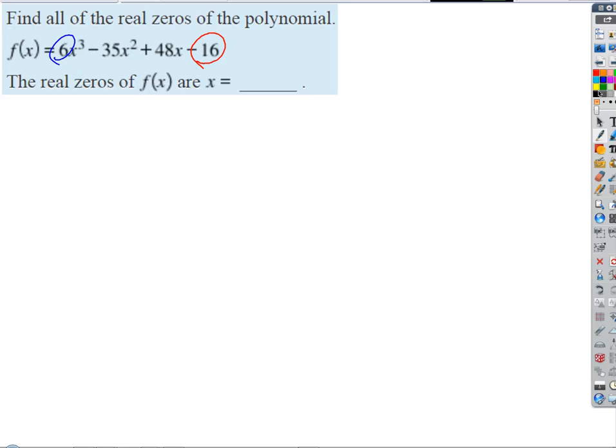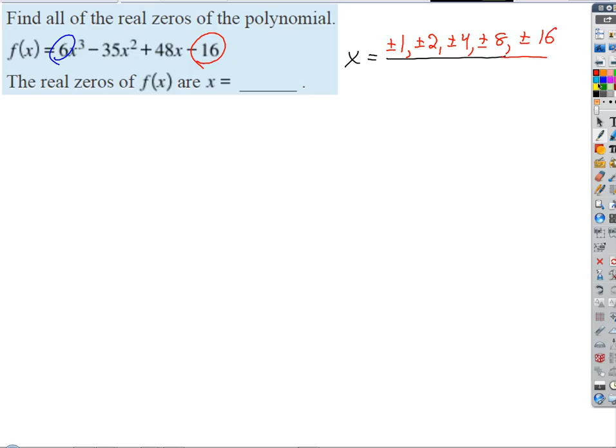So here's the recipe. Those values of x would have to have in the numerator factors of the constant, right? So what are the factors of 16? Plus or minus, let's start at the smallest one. What's the smallest factor? 1. So plus or minus 1, then 2, then 4, good, then 8, then 16.